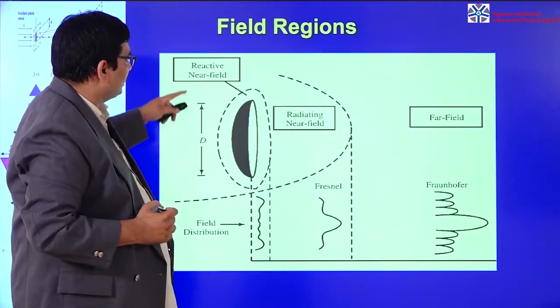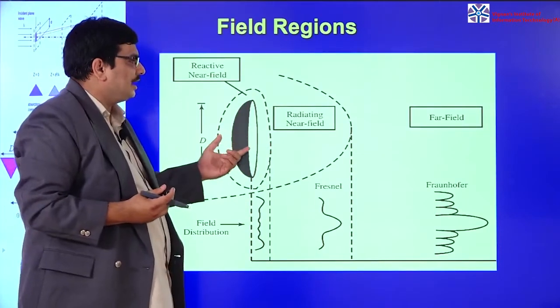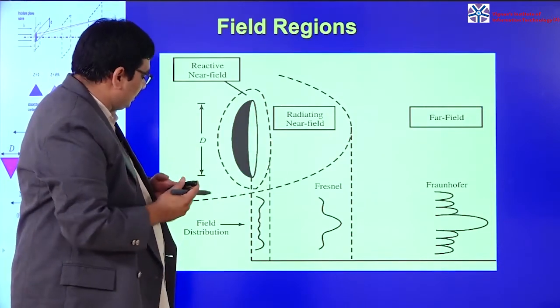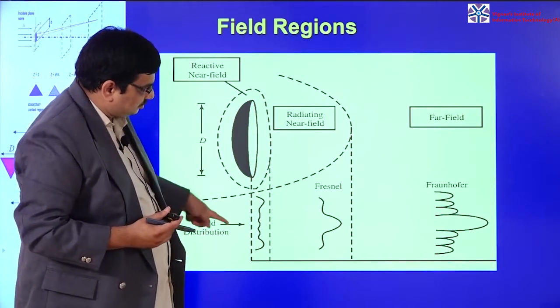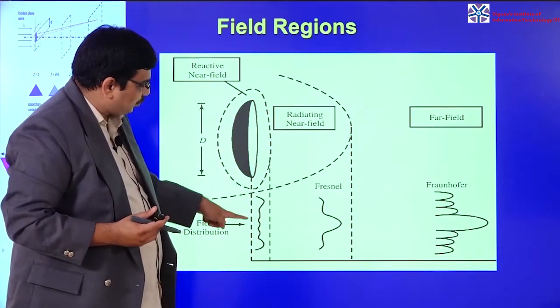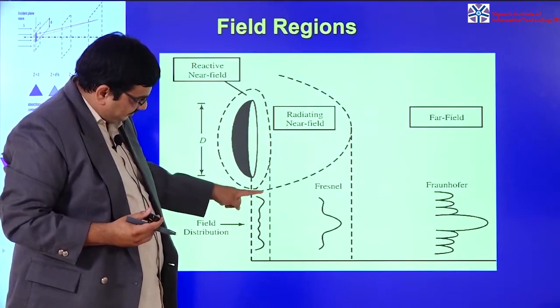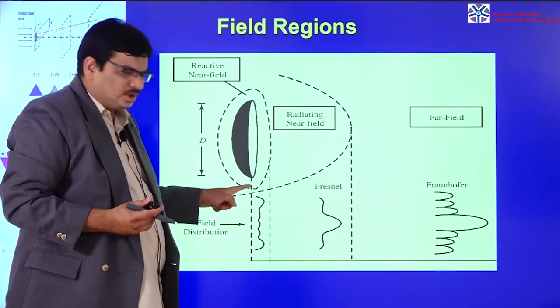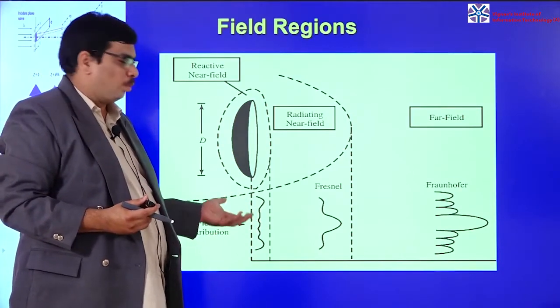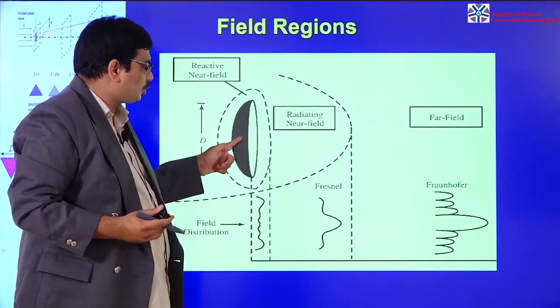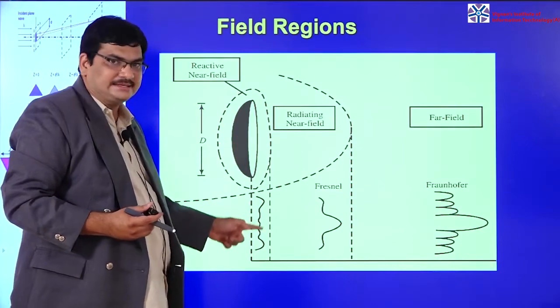Here you are seeing my antenna and these three regions, and you can see the field distribution in the three regions. This region is very close to your antenna, and the radiation pattern is not in a good shape, because this region is closely coupled with your antenna.